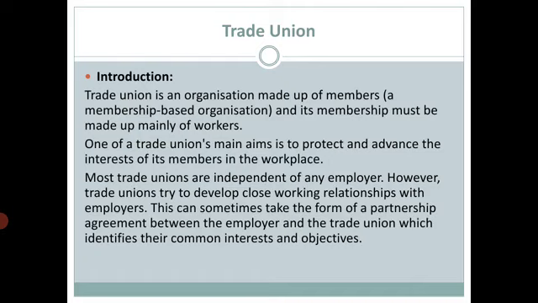Okay, and these leaders of the trade union, what do they do? They further communicate with the employers in a group. Okay, and through this talk, through this conversation, the issues or the grievances of the employees are totally solved. Okay, this is what trade union is all about.